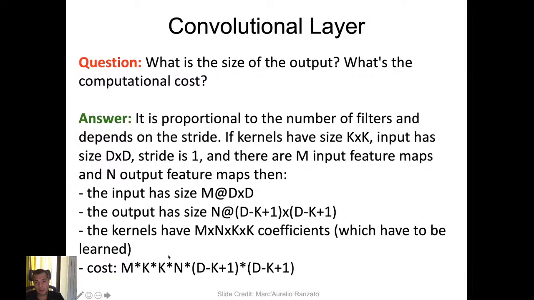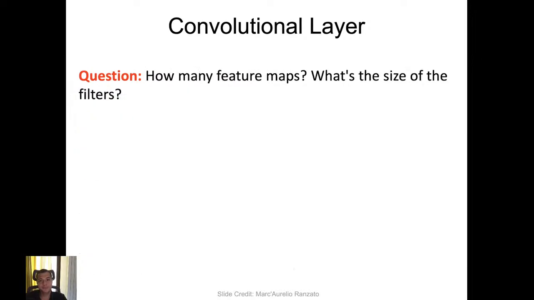So the total computational cost is equal to this large product. Okay, so a lot of components to consider in the convolutional layer when we discuss the cost. But still remember that this is more efficient than fully connected layers.